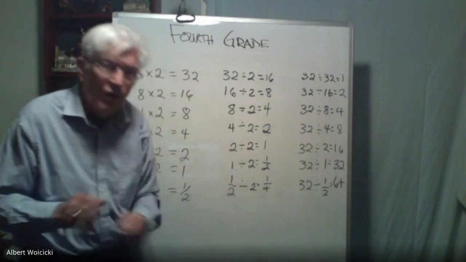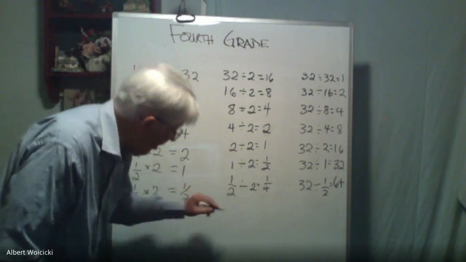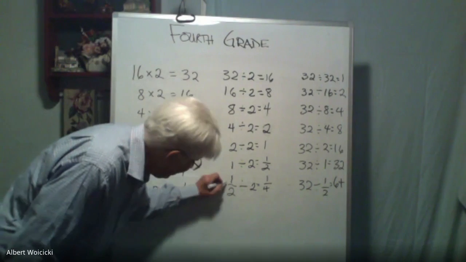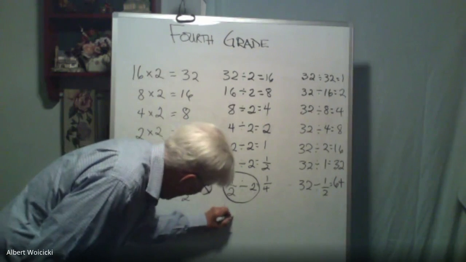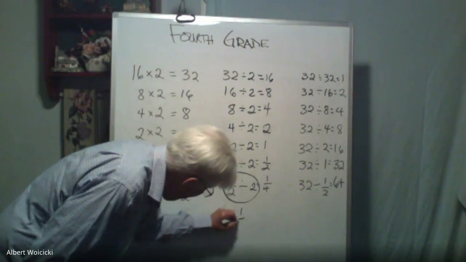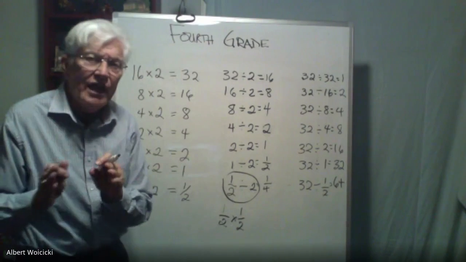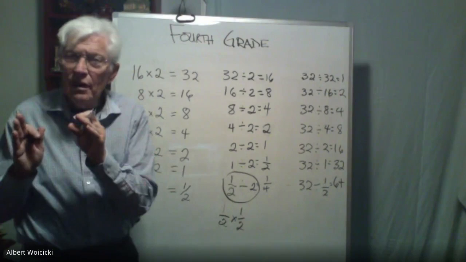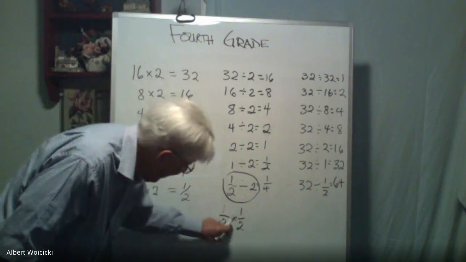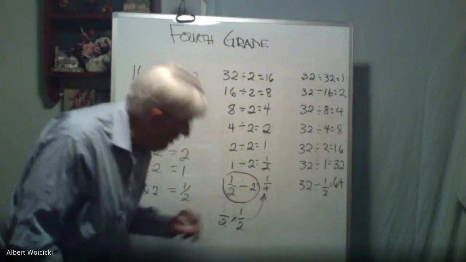It has to be 1/4. But how do I get to 1/4? That's the crucial part. Because in order for me to get to this part right here, 1/2 has to be multiplied by 1/2. That means something had to change in the 2. Dividing by 2 had to be the same as multiplying by 1/2 in order to get this 1/4.